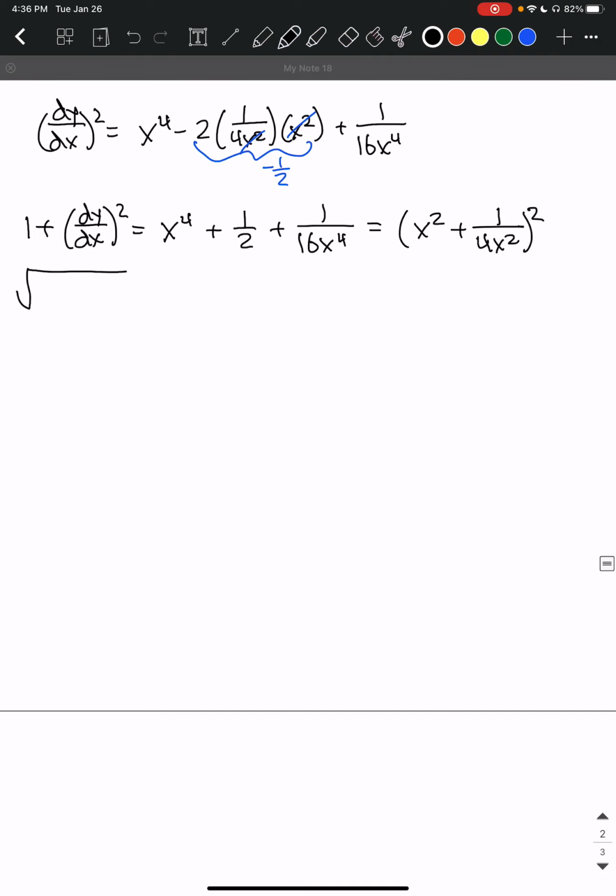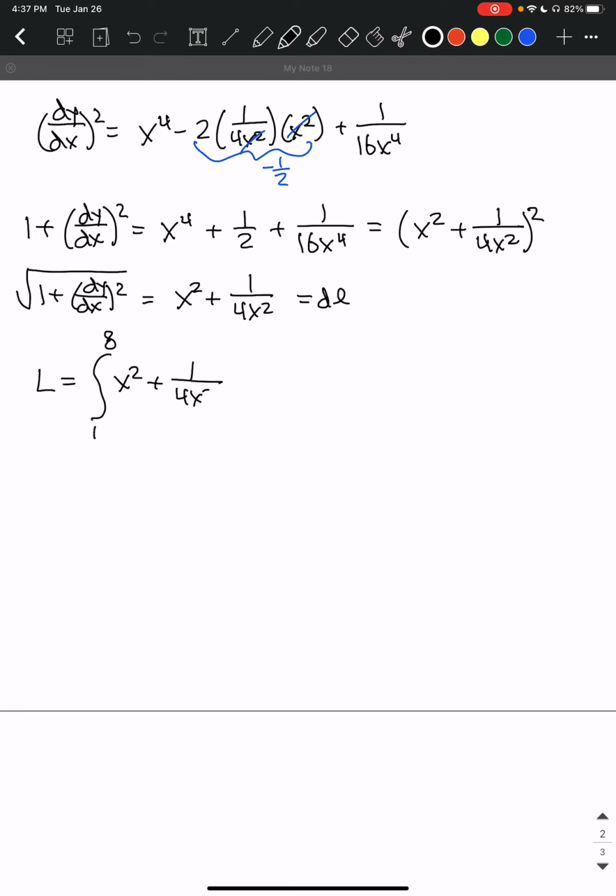Anyway, when I take the square root of this, which I need to do, I simply just get x squared plus 1 over 4x squared. So then my length, this right here is dl, right? So my length is integrating that from 1 to 8, x squared plus 1 over 4x squared dx.